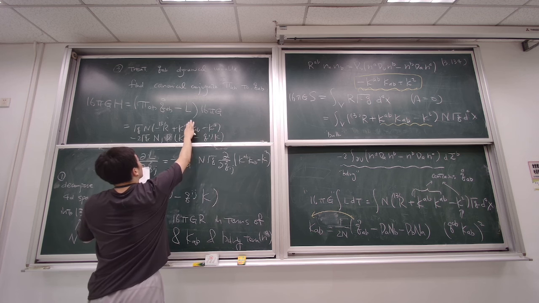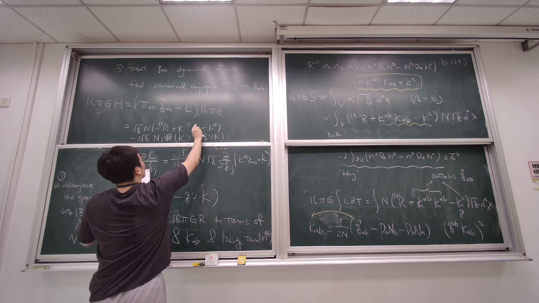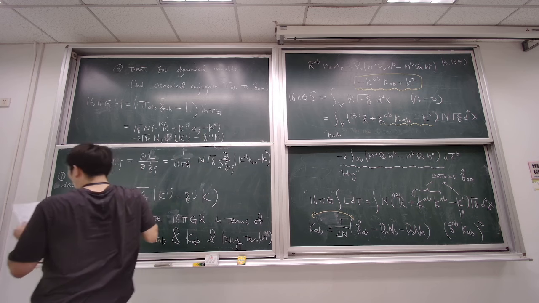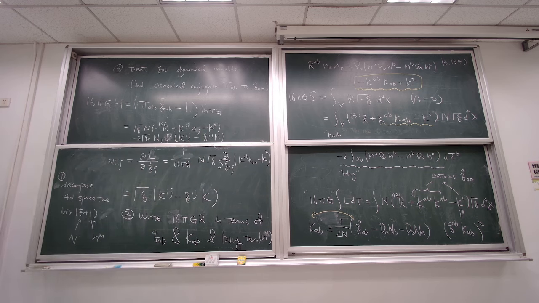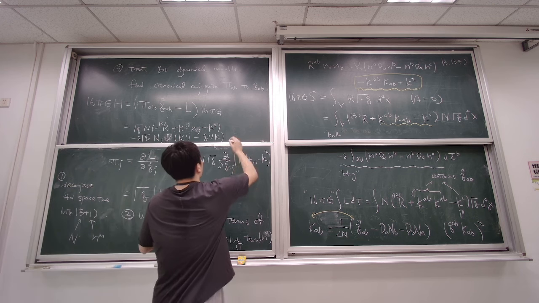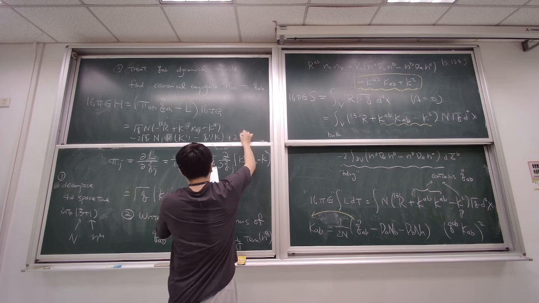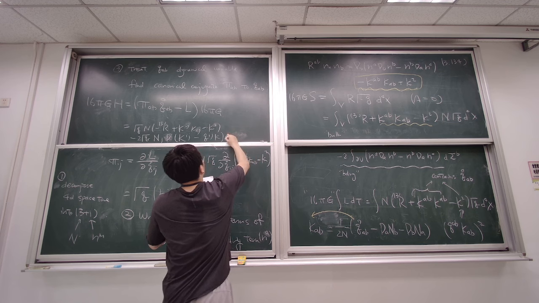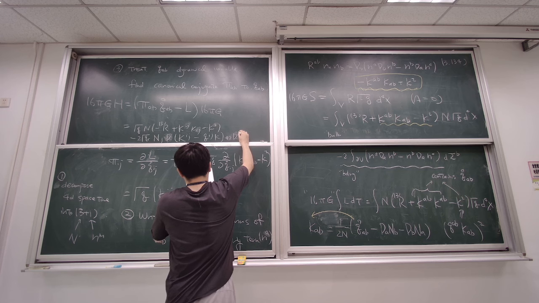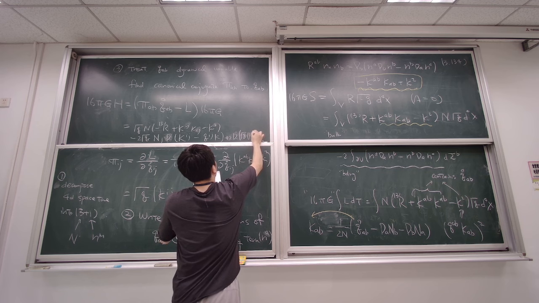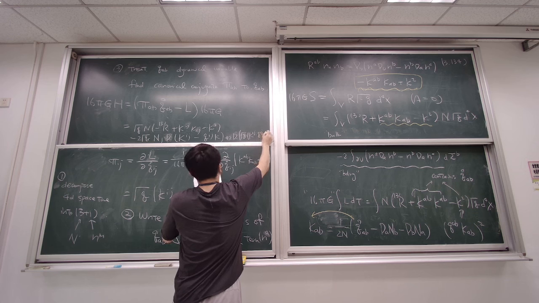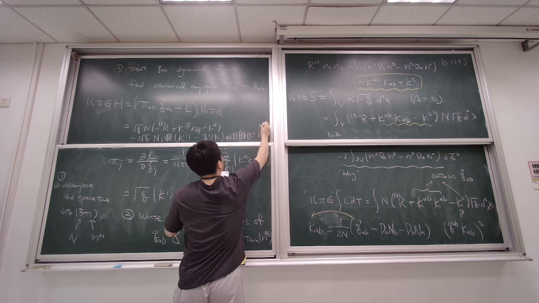Okay. Anyway, i and j are just spatial indices. And then plus some total derivative, plus 2 di square root q Kij minus qij n and nj times nj, like this.